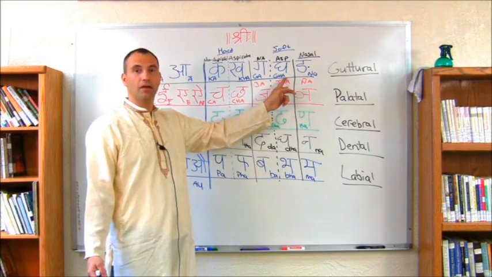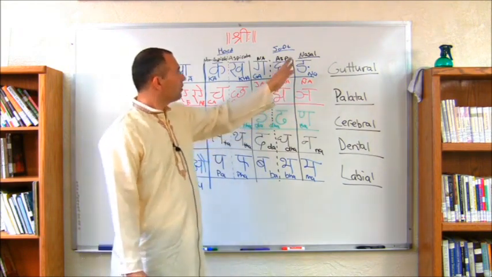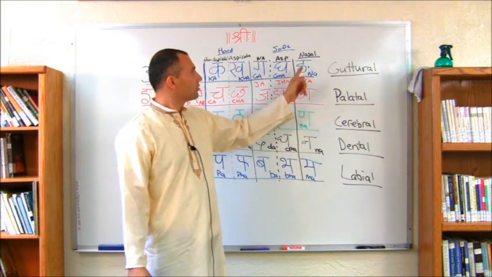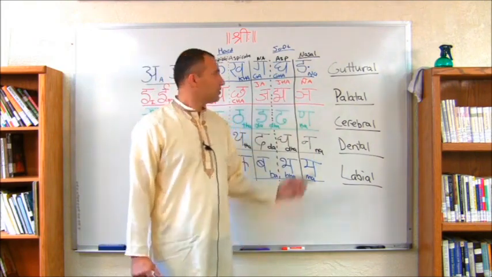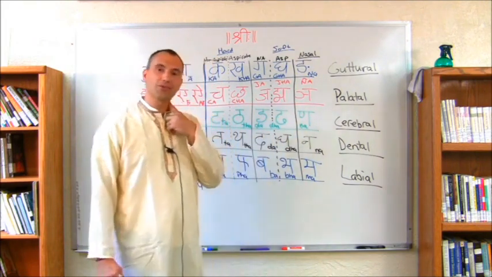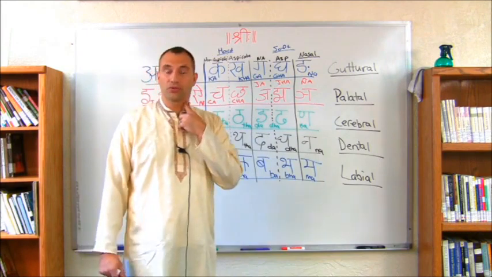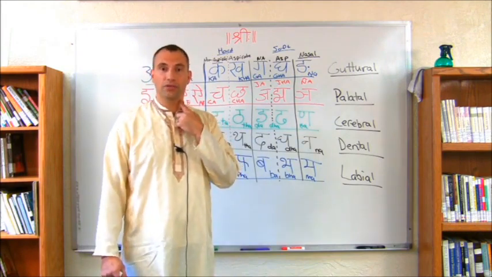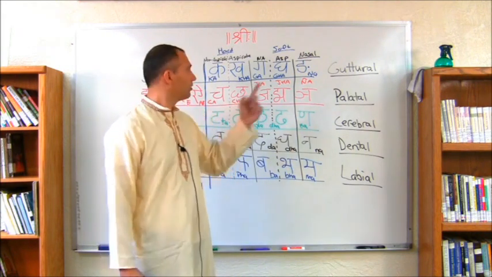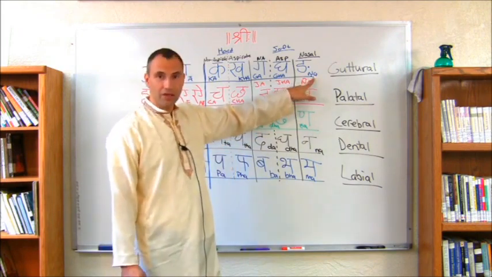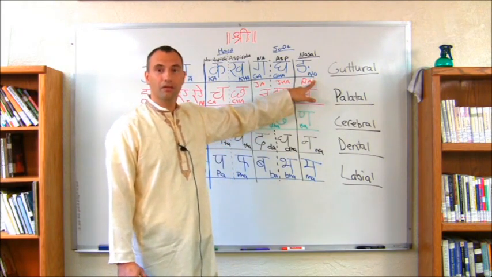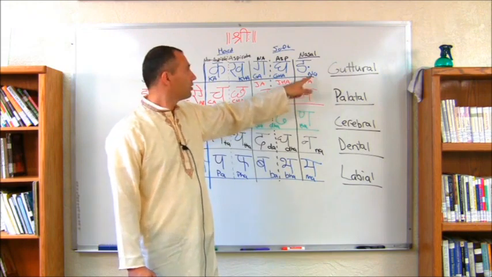Okay? The final row is nasal. This nasal is the guttural nasal. So this sounds like the word sing, ng. Say ng. Sing, bing, ring, ling, ng.